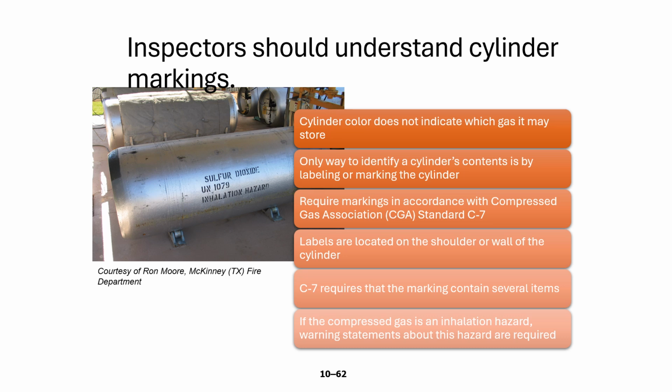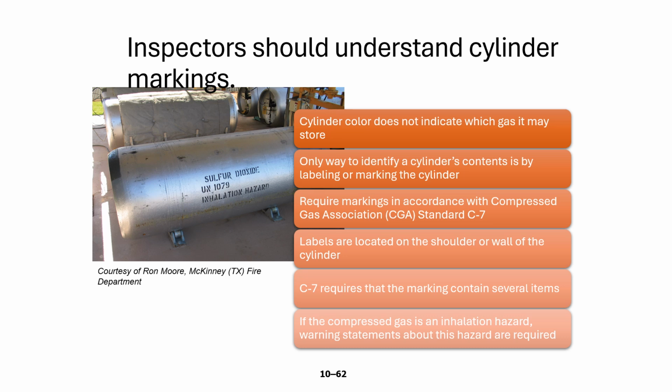Marking of our cylinders. Many gas consumers believe that the color of a cylinder indicates its hazard, but a cylinder color does not indicate which gas it may store. The only way to identify a cylinder's contents is by labeling or marking the cylinder.